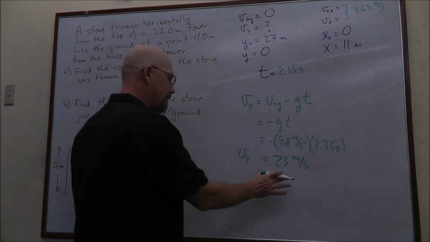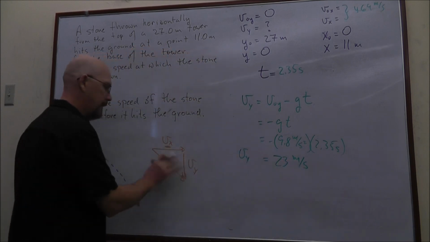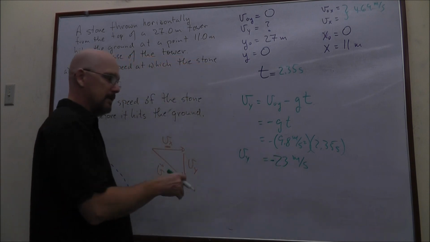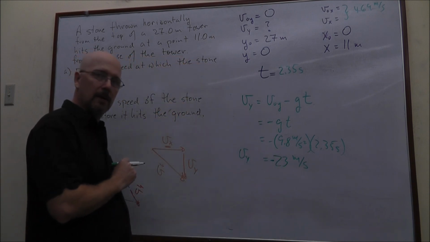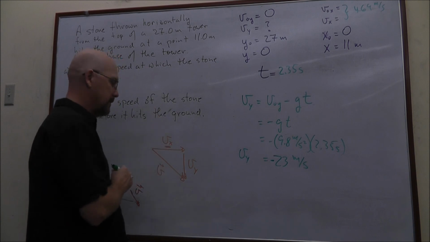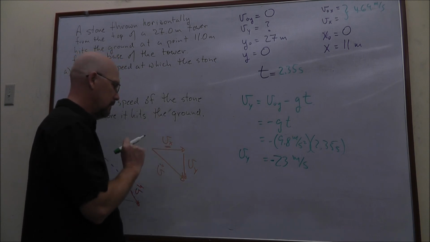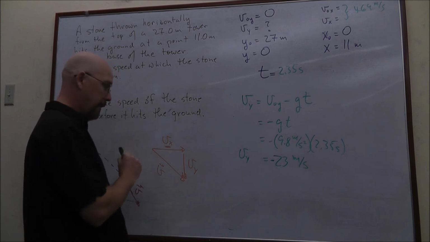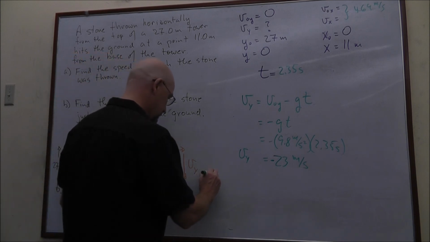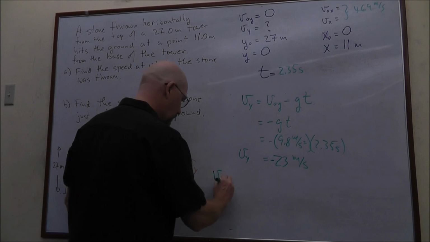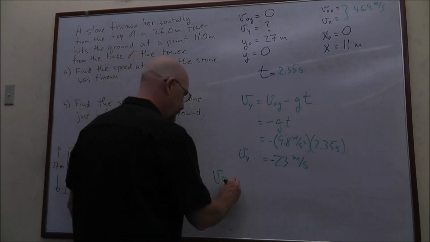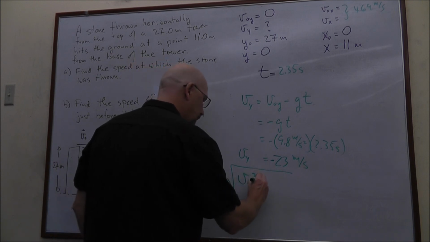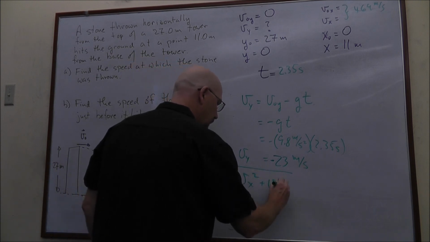So now I've got the two components. I should say this is negative because it's pointing down, but we're just going to worry about speed here. So how do I find my total speed? Remember we use this Pythagorean theorem, where I take the square root of Vx squared plus Vy squared.